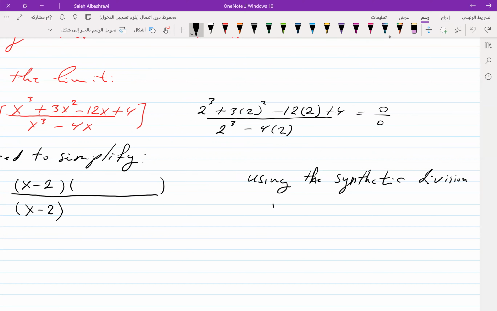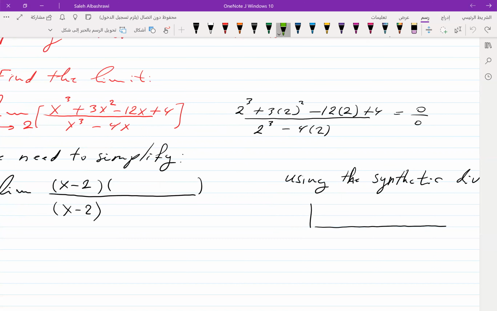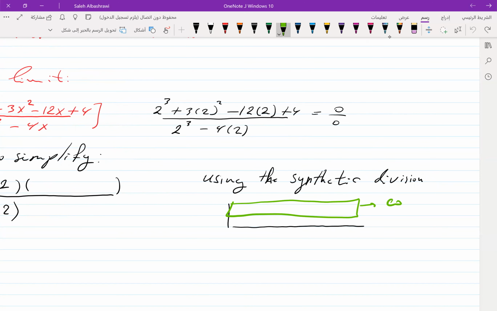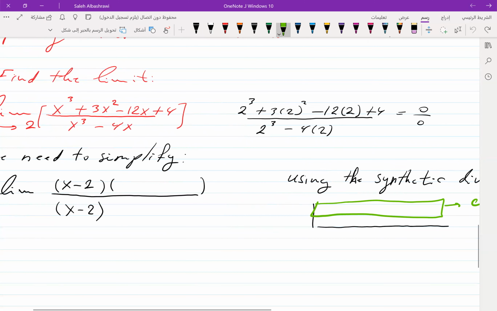For the synthetic division, we are going to put the coefficients of the polynomial. What are the coefficients? This is the polynomial, the numerator. The coefficient of x to the power 3 is 1.